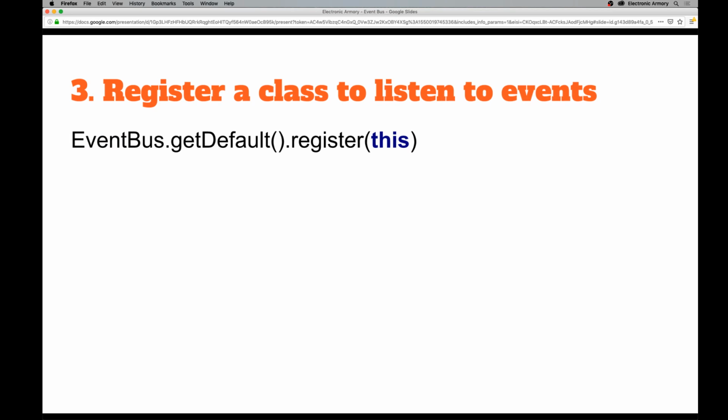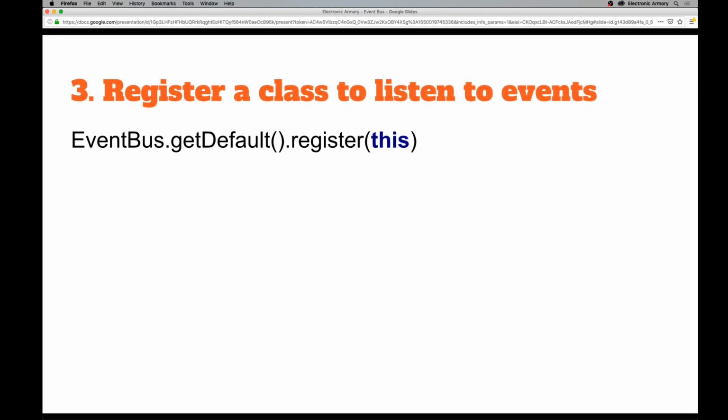We want to register, so this is the act of subscribing to a YouTube channel. Well, I am a register, I care about an event. So EventBus, that's the class name, and then in order to get the singleton, we just do getDefault.